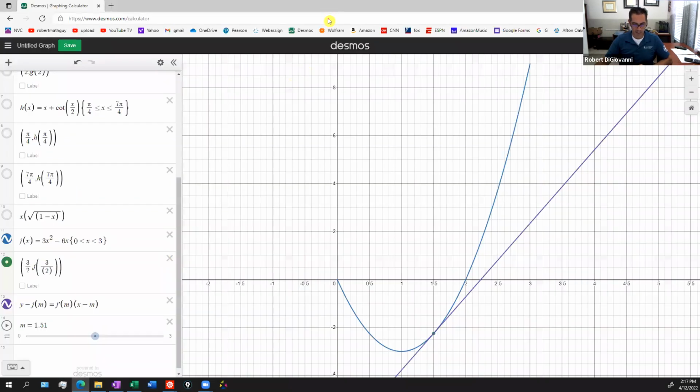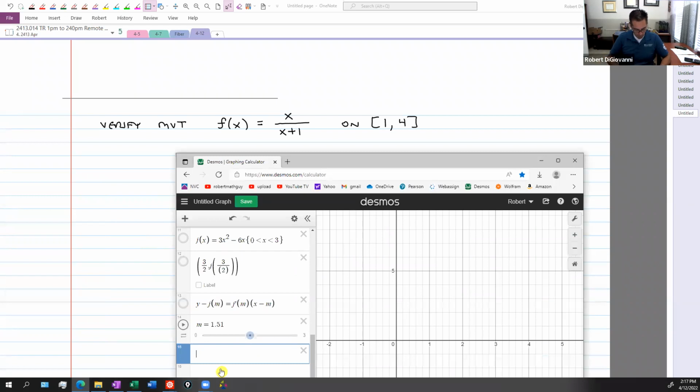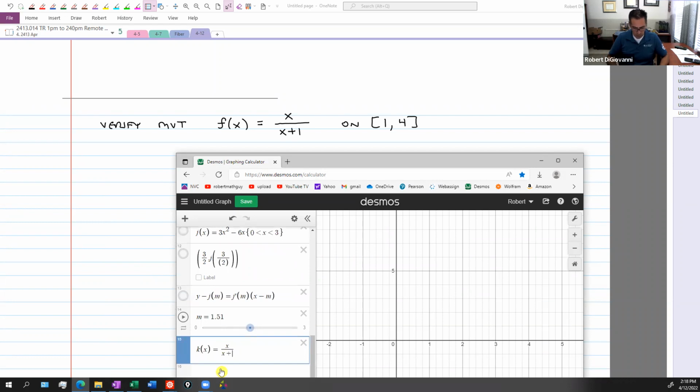I'm going to graph it first, all right? So let's call this k of x equals x over x plus 1. And we're only going to look between 1 and 4.